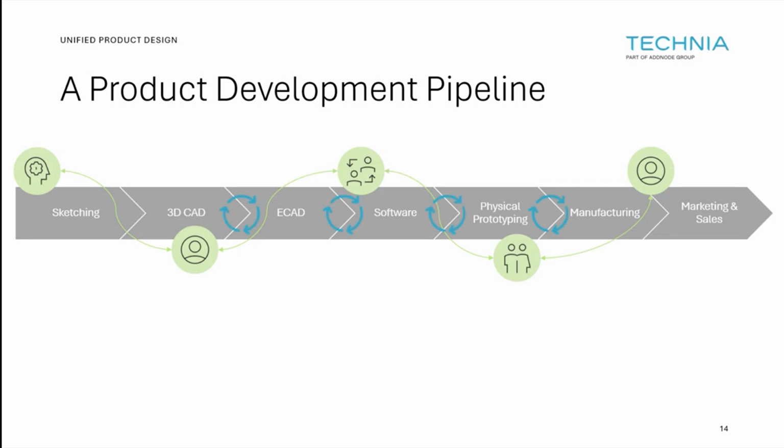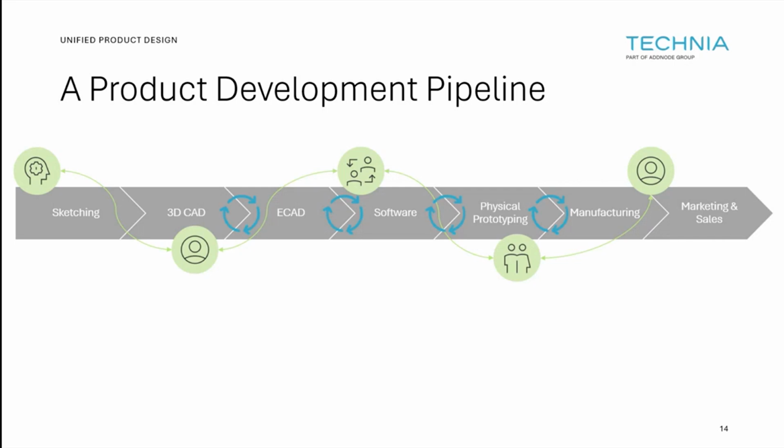Next, continuous testing and validation. Once the communication flow is established, it's vital to validate designs continuously throughout the development cycle. With an integrated design environment, mechanical and electrical systems can be simulated and tested in real time alongside the design process itself.